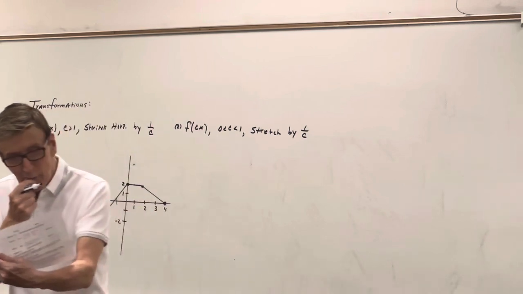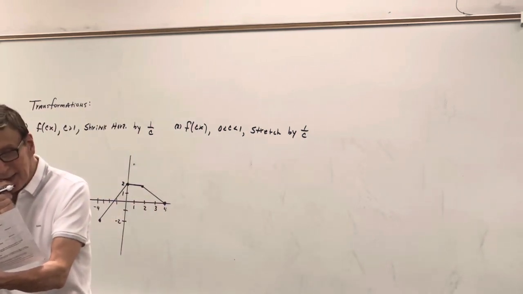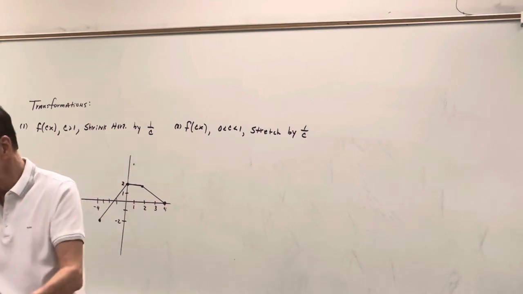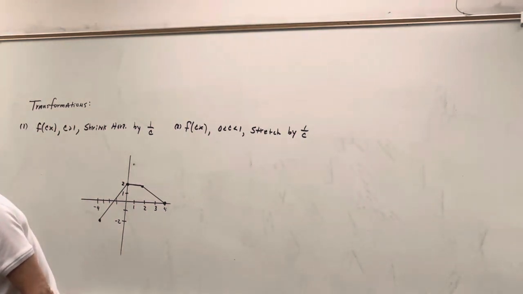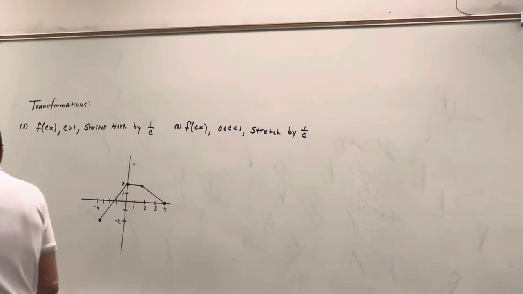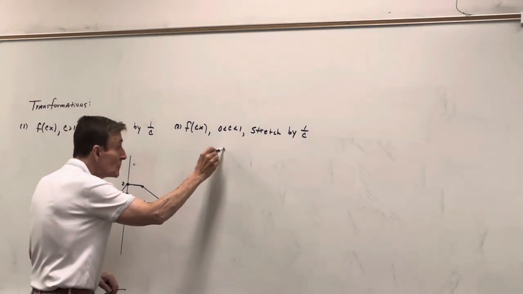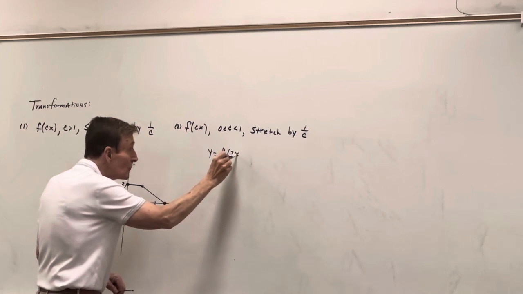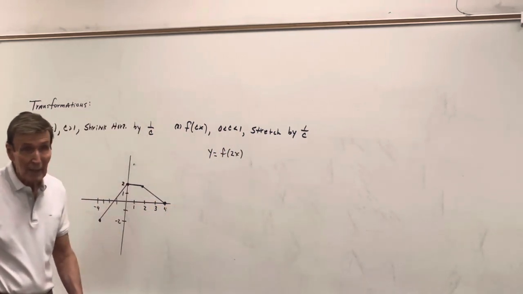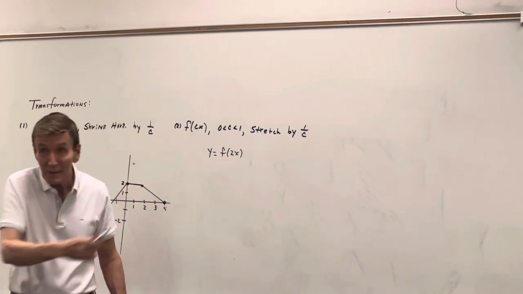Guys, I'm going to do, oh my goodness, let's jump down to number 3. y is equal to f of 2x. I'm asking you to try to apply that to this graph.